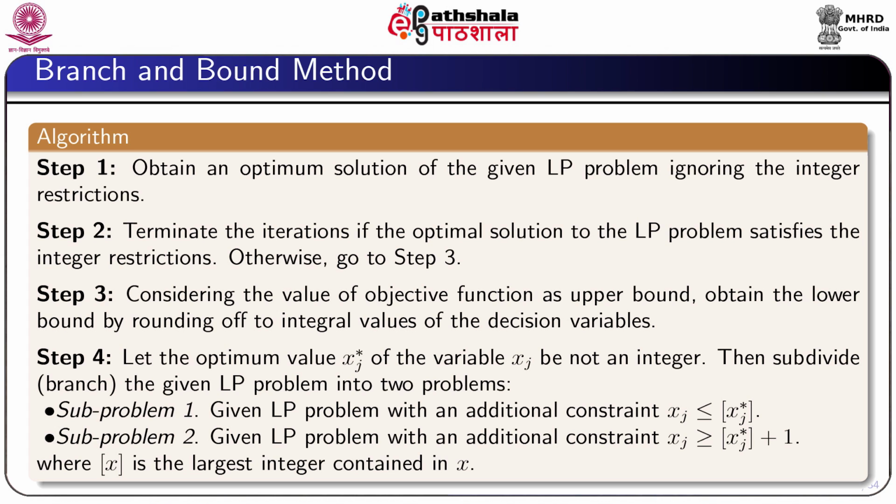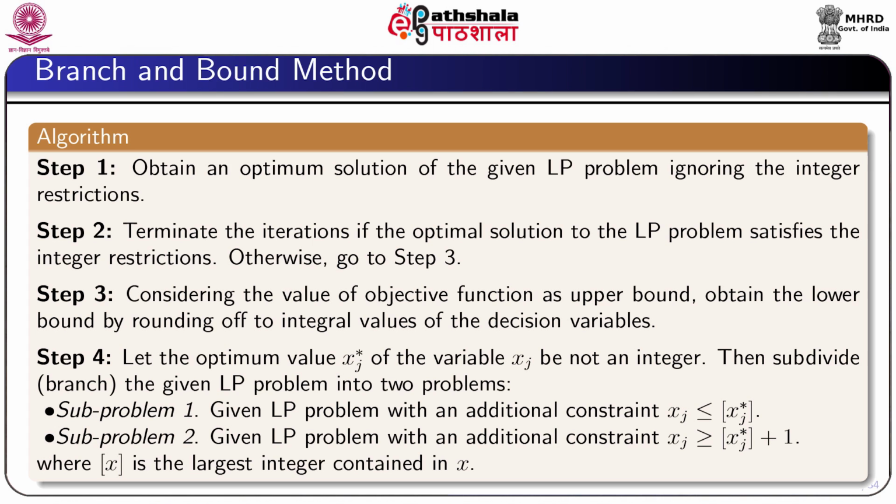Next, let the optimum value xj* of the variable xj be not an integer. Then we subdivide or branch the given LP problem into two subproblems, subproblem 1 and subproblem 2.